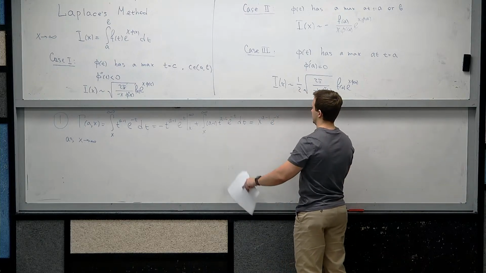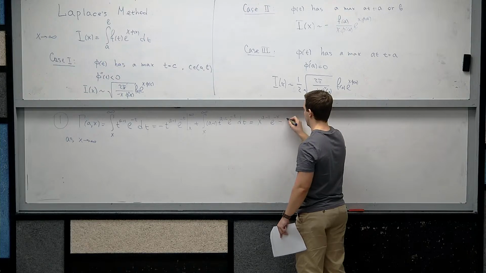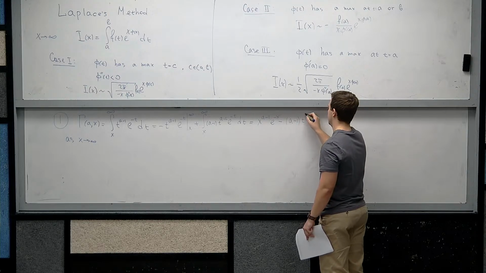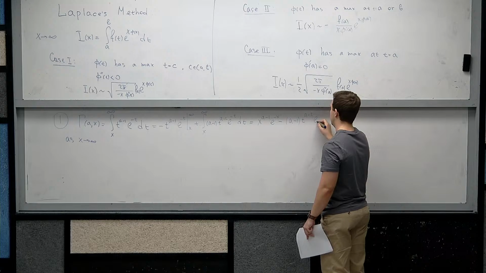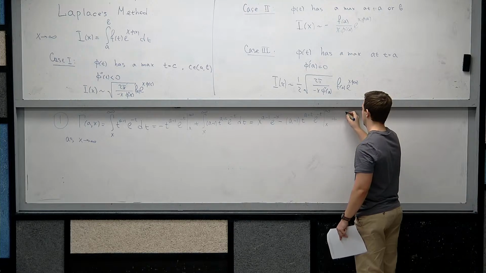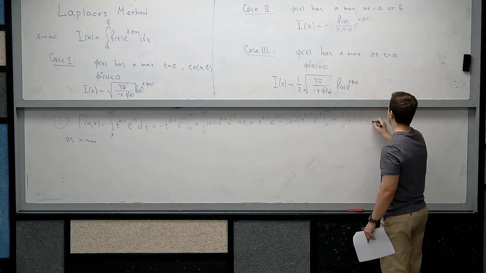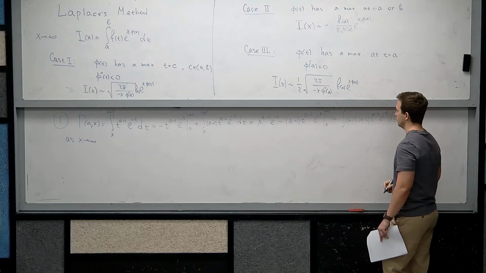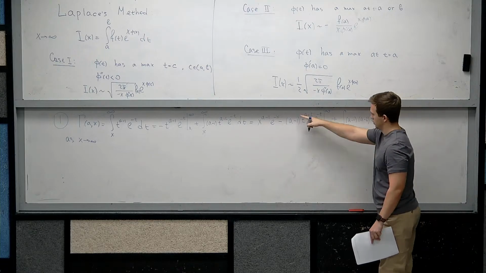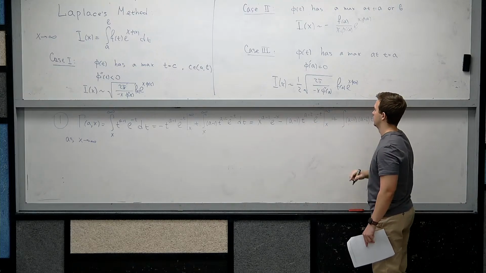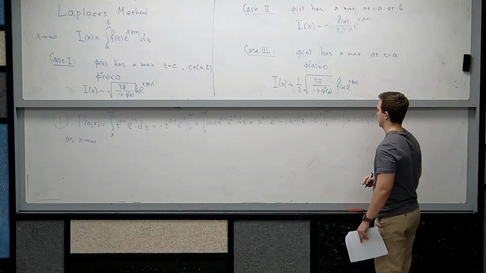Then plus this integral, and we'll do integration by parts again, and we'll have minus (a-1) t^(a-2) e^(-t) from x to infinity, then plus the integral of (a-1)(a-2) t^(a-3) e^(-t) dt. Again, the upper boundary equals 0, and the lower boundary is x^(a-2) e^(-x).